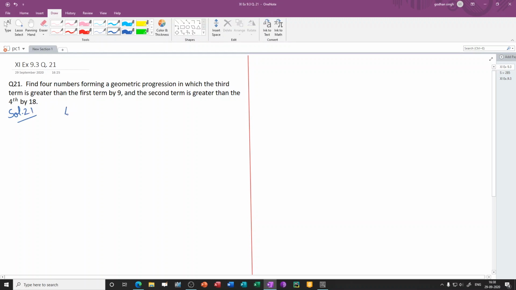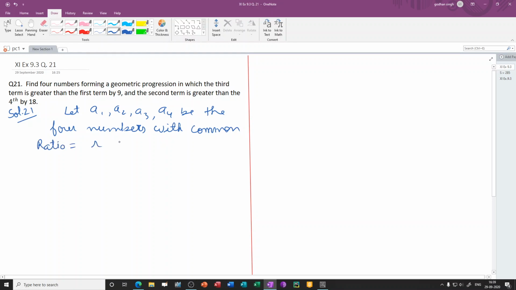Let the four numbers be A1, A2, A3, A4, with common ratio equal to R for the required GP.